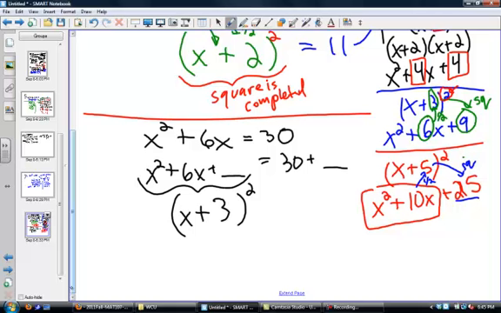And in the blank space, what's the constant? The constant is the square of that. We take half and we square. So it is a 9 that we have to add to both sides. Add a 9, add a 9.